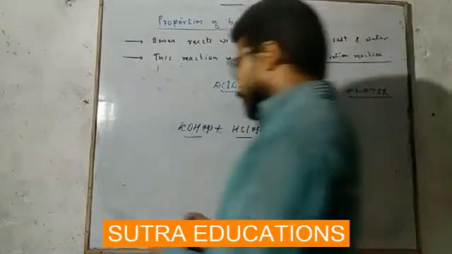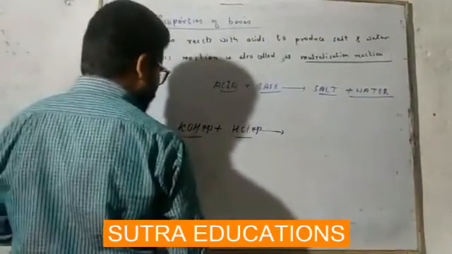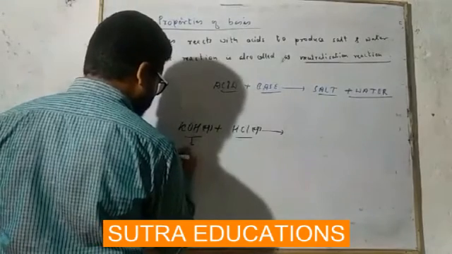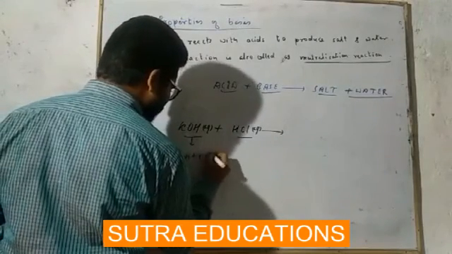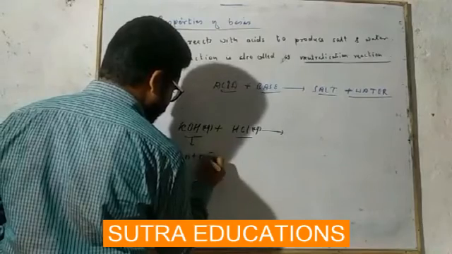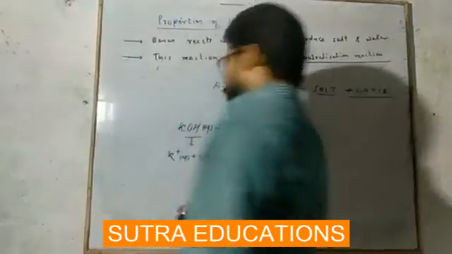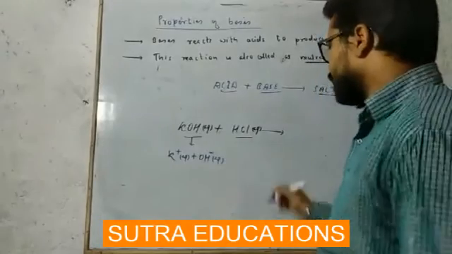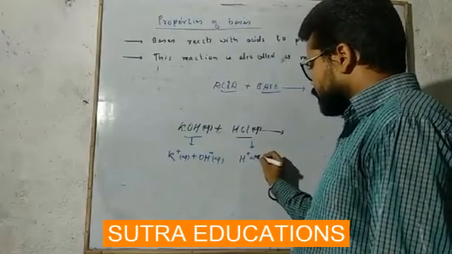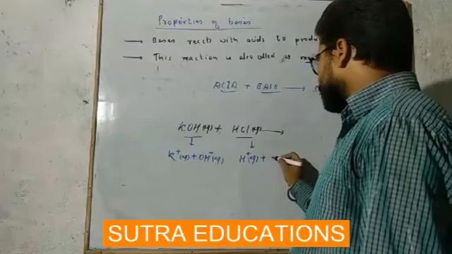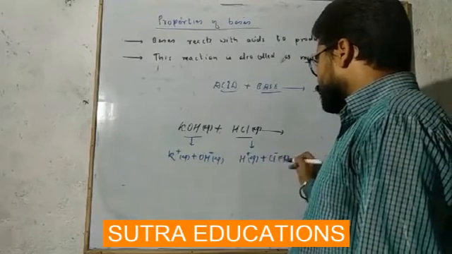So this KOH breaks into K+ aqueous plus OH- aqueous, and this HCl also breaks into H+ aqueous plus Cl- aqueous.